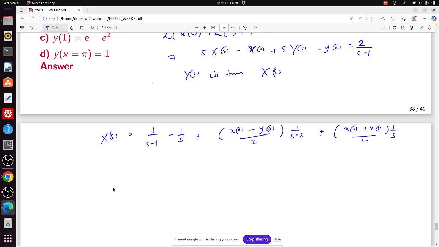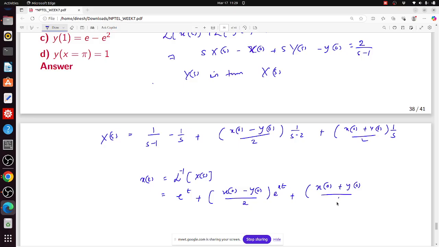So on taking the inverse Laplace transform of X(s) and Y(s), we get x(t) is equal to the inverse Laplace transform of X(s), equal to e power t plus (x(0) minus y(0))/2 e power 2t plus (x(0) plus y(0))/2 minus 1.